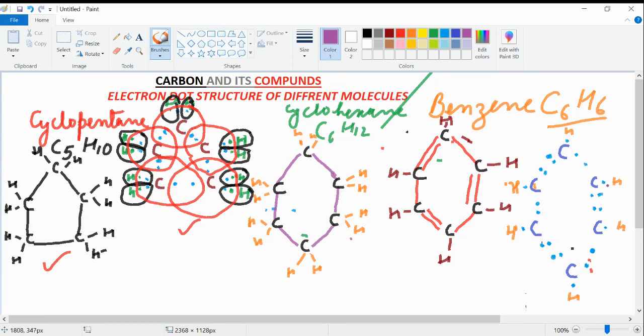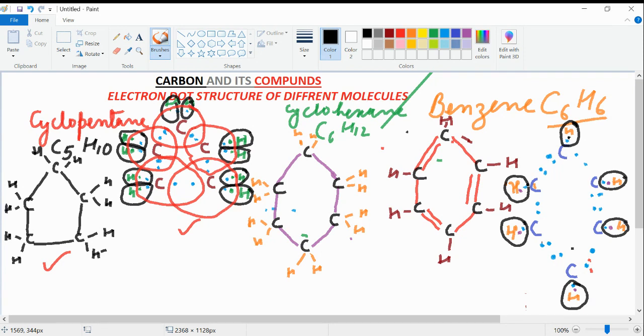This is the hydrogen atom's electron. 2 electrons, each hydrogen having. Its outermost shell is completely filled with 2 electrons. Again, this type of bonding is called covalent bonding.